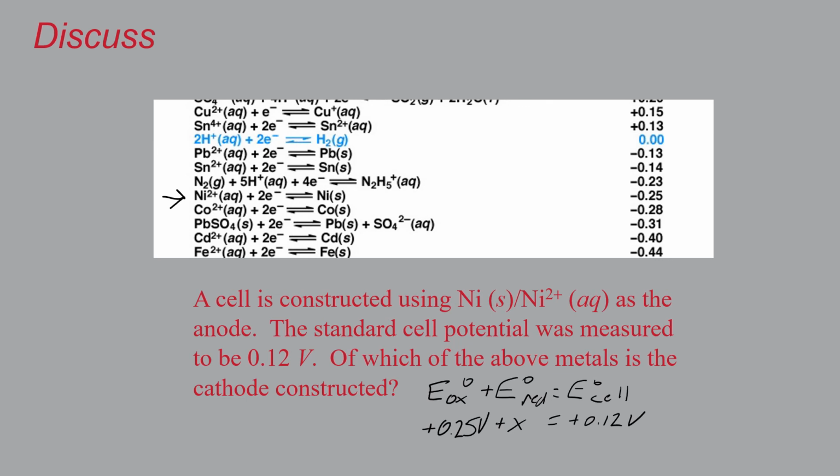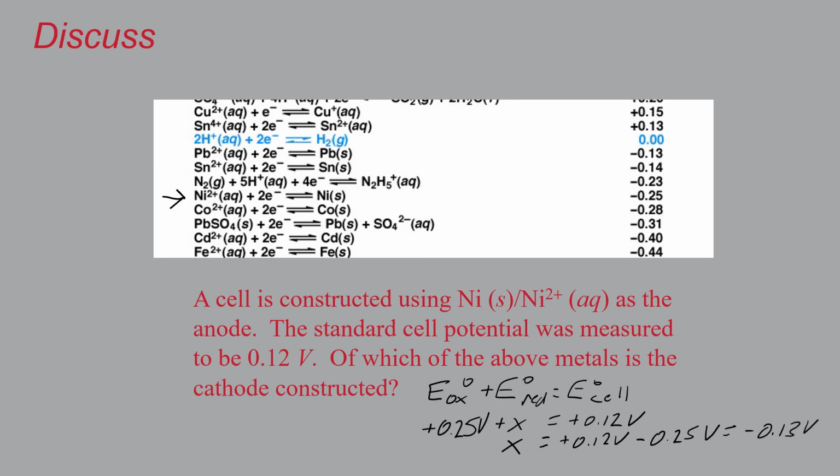So X here is going to be positive 0.12 volts minus 0.25 volts, which, if my math is right, is a negative 0.13 volts.